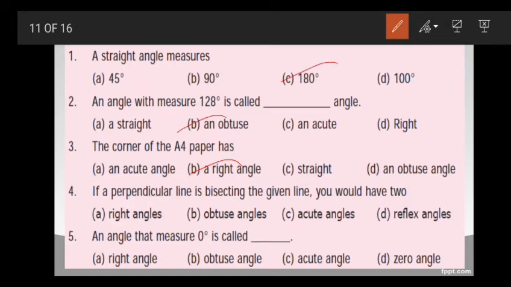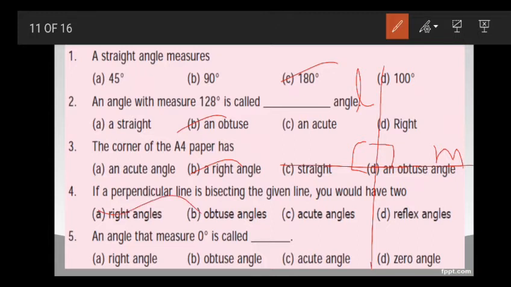If a perpendicular line is bisecting the given line, you would have two dash. So here a perpendicular line is there that is bisecting, dividing the line into two equal parts. Then you will have two dash. So we will be having two right angles.